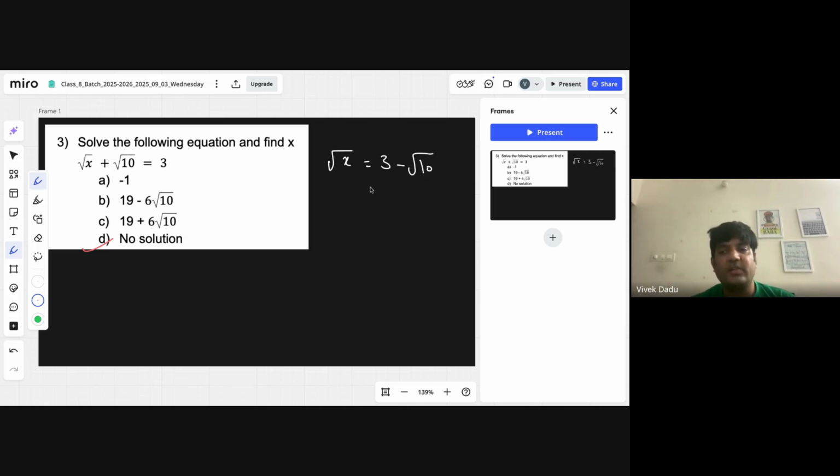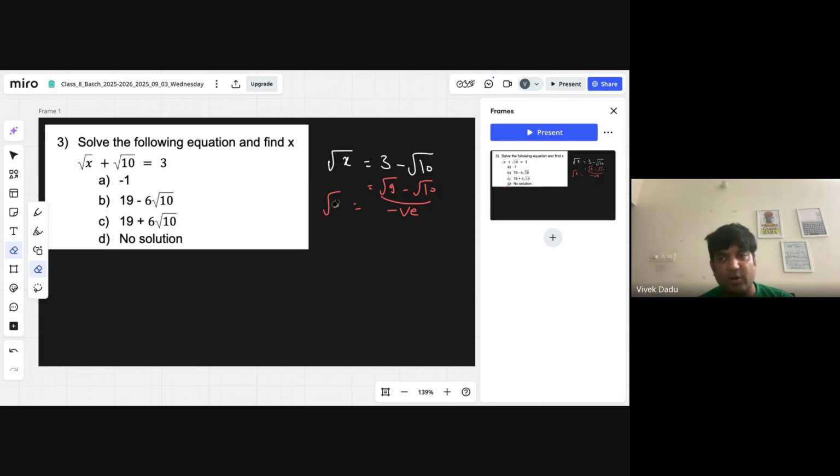Now 3 is root 9. Root 9 minus root 10 is negative. Can a negative value come out of the root? Can root of anything be negative? Root of anything is always positive. So the question was done at that point.